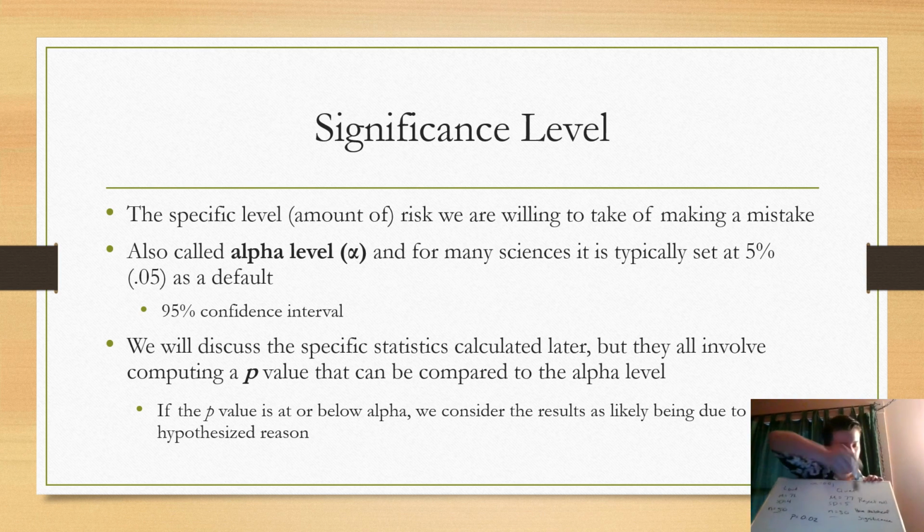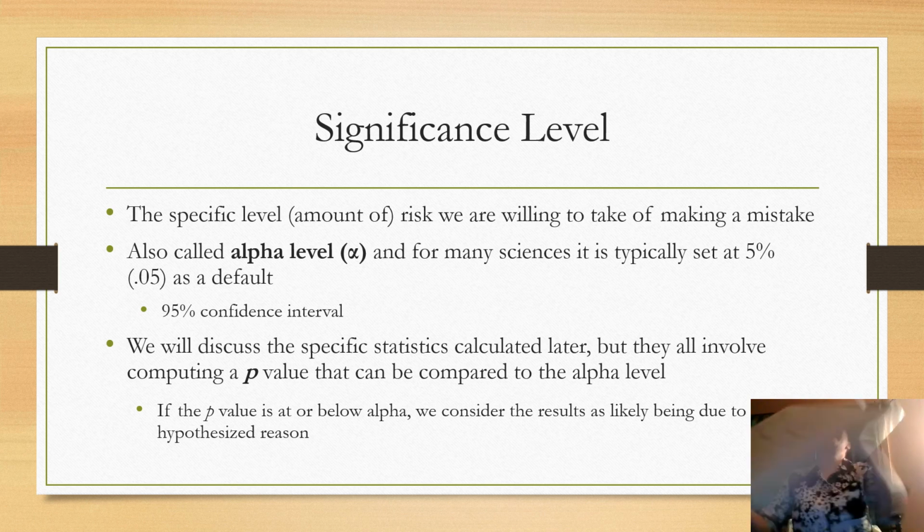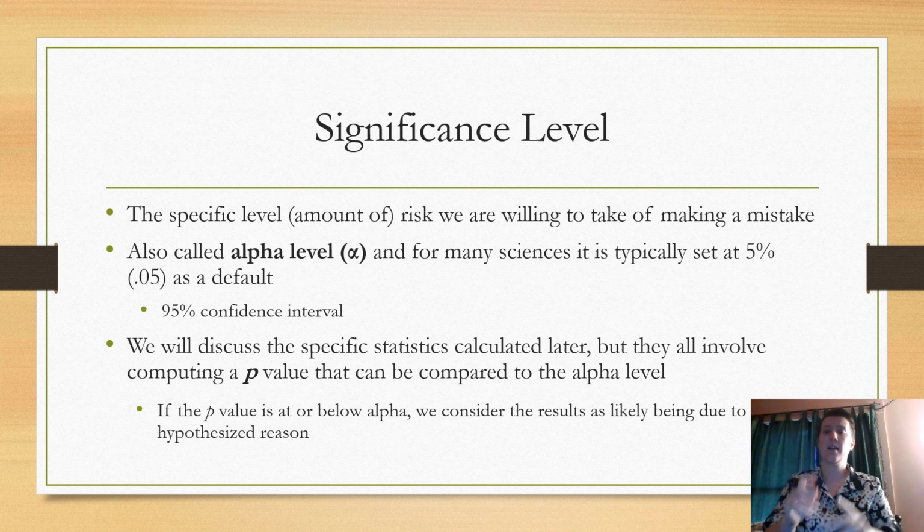So in that case, we would not reject the null, and we do not have statistical significance. I'm not going to write upside down because that's just going to be atrocious. But if we have our alpha at 0.01 and our p-value is 0.02, then we would retain the null hypothesis because our p-value is greater than alpha.